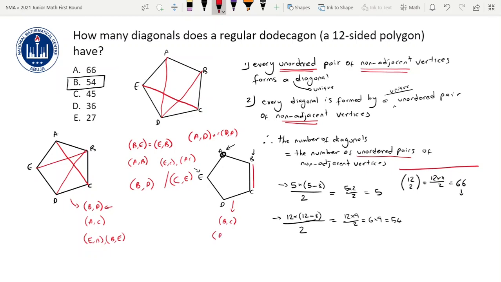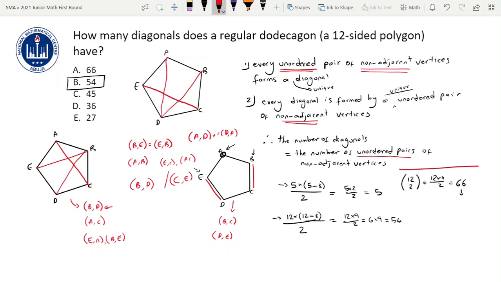The pair DE is formed by adjacent vertices, and if you join D and E, you have a side of the polygon. So every pair of adjacent vertices is a side of the polygon, and every side of the polygon is a pair of adjacent vertices. And since a 12-sided polygon has 12 sides, it means that a 12-sided polygon is going to have 12 unordered pairs of adjacent vertices.